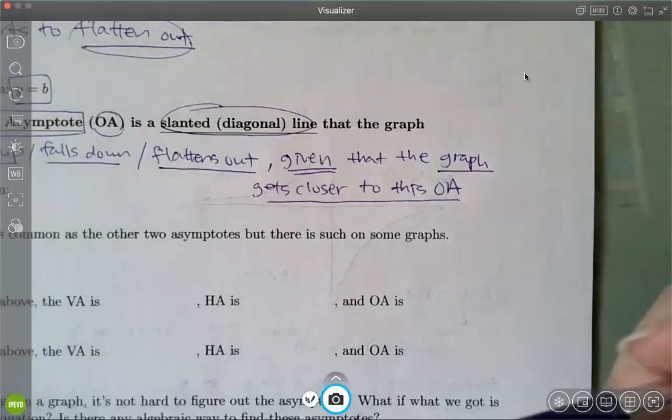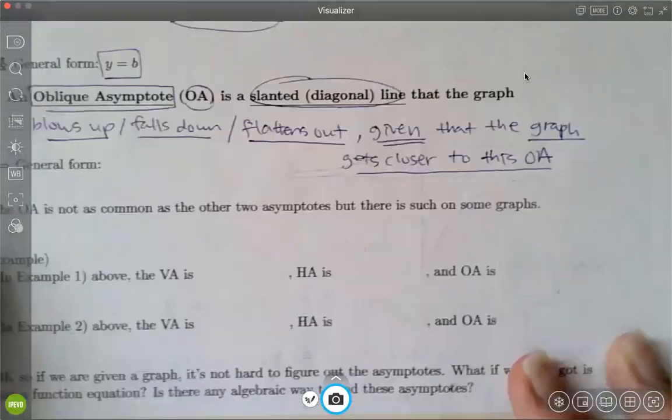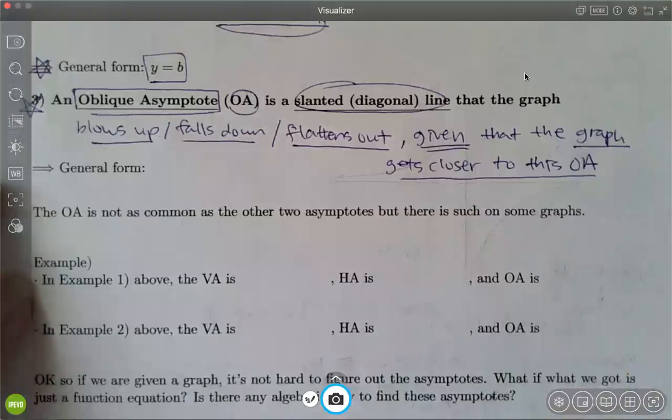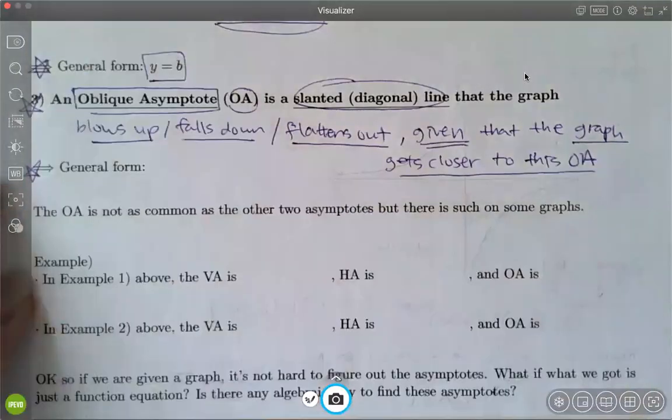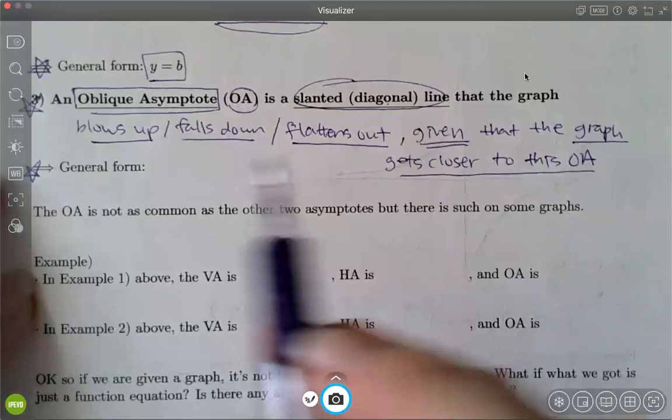Now, what is the general form of this oblique asymptote? Maybe you can take a guess. It's not a vertical line, it's not a horizontal line, it is a diagonal line. And what was the general form of any diagonal line?